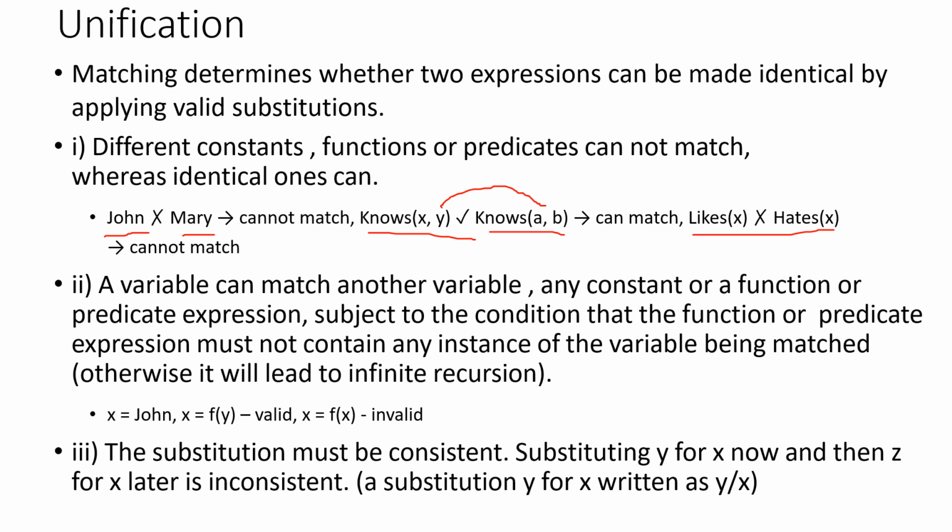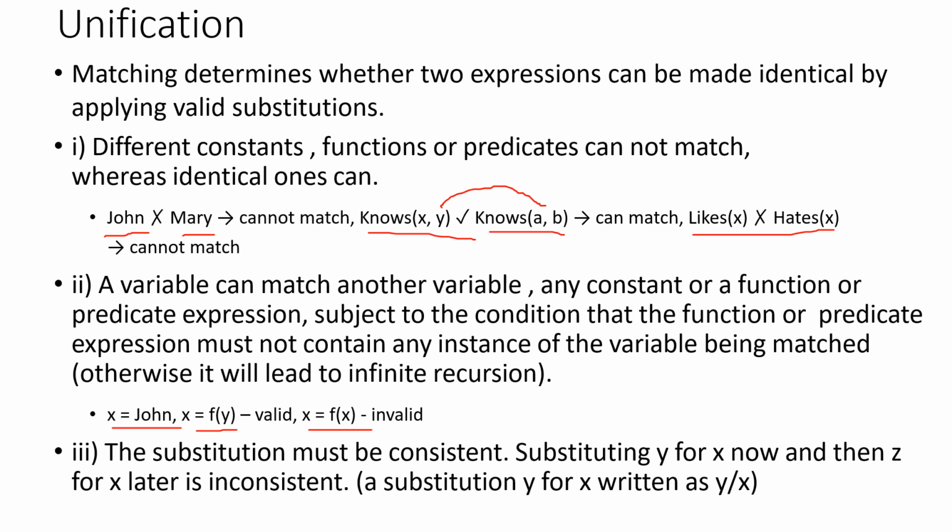In this example, x can be John, and x can be f(y), which is also valid. But x equal to f(x) is invalid. That is an occurs check violation.